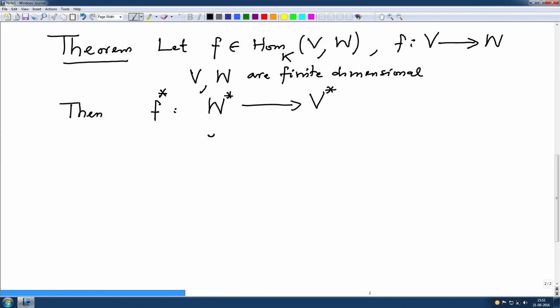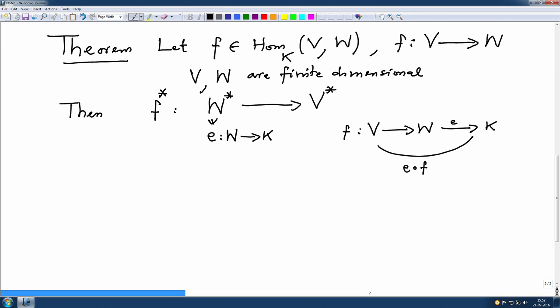So if I have E here, that means E is a linear form on W. That means E is a K linear map from W to K, and I want to get, by using this and F, a linear form on V. And the best we can do is take F, that is from V to W, and follow it by this E. So this map is nothing but F composed with E, which is now indeed an element in V star.